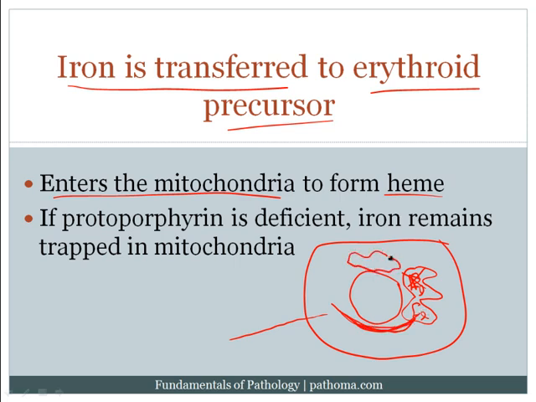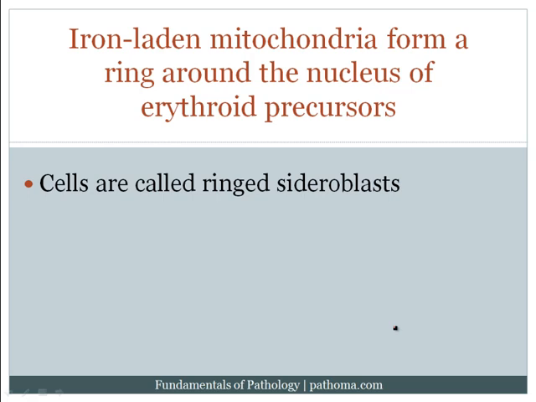Mitochondria are generally present all around the nucleus, so these are going to be mitochondria, and each of them is going to become loaded with iron. And as they become loaded with iron, that's going to create a ring of iron-loaded mitochondria around the nucleus of the cell. And that creates the classic cell that's seen within sideroblastic anemia, which is called a ringed sideroblast. And so that's what I'm saying here in this particular slide.